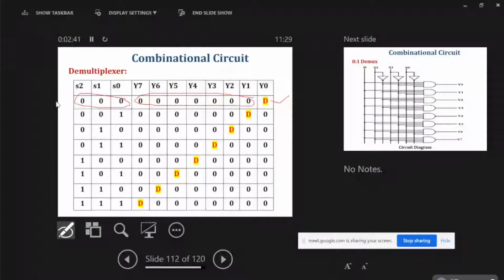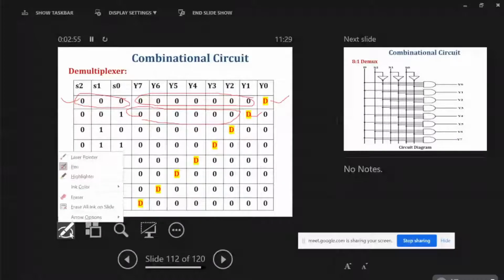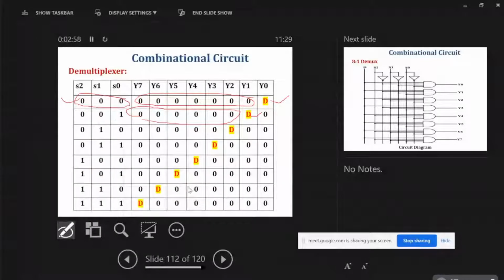For the next combination 0 0 1, the input will appear through Y1 and the remaining lines will be 0. For the next combination, the input will appear across Y2 and the remaining lines will be 0.